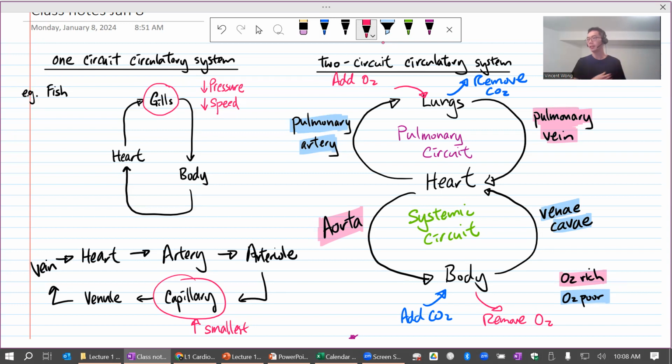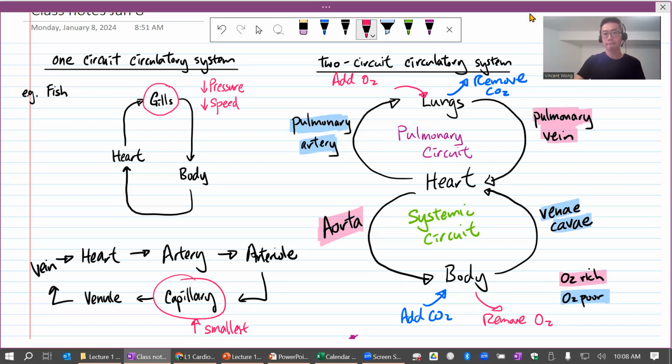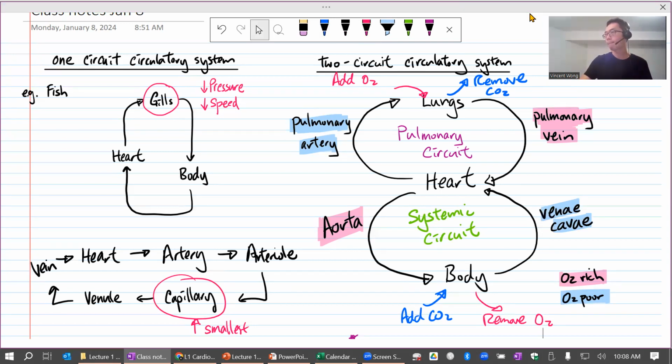Questions, anyone? So in the beginning, you're adding the O2 and simultaneously you're removing the CO2, right? Exactly, yeah. And then at the end, it's the opposite. I wouldn't say at the beginning or end because it's like a cycle, right? But I would say at the lungs, you're doing this, and then at the body, you're doing that.